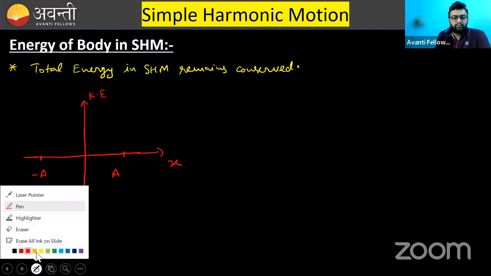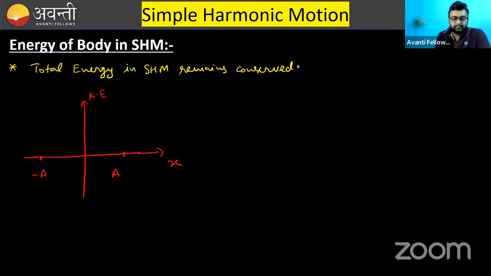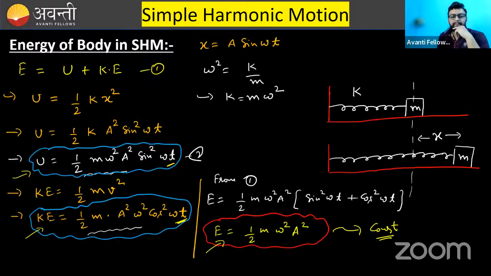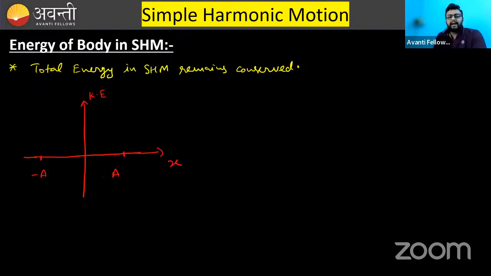Clear? Now, what will be the kinetic energy curve? You can see the equation here of kinetic energy. At extreme positions, the velocity of the particle is zero. You know that. That means at extreme position, the kinetic energy will be zero. And if you draw the curve, it will look something like that.